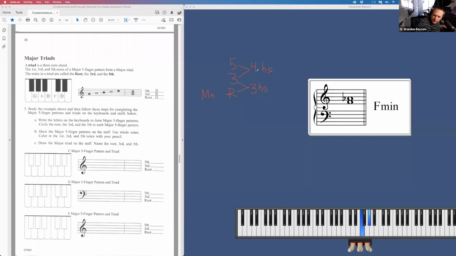So that's another way that you can find a minor triad on a keyboard, and then you can transfer that to the staff if you'd like.